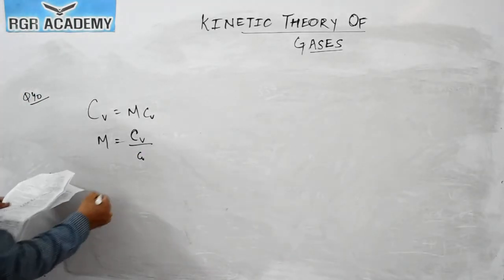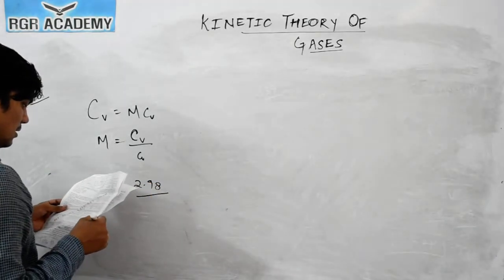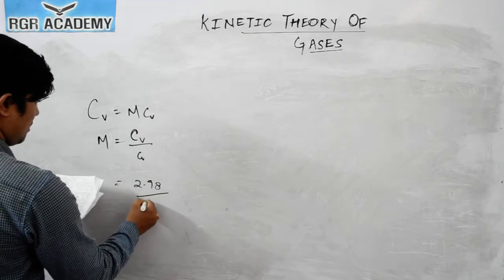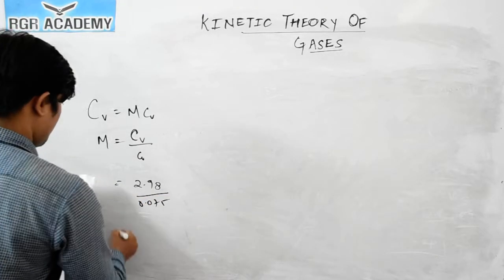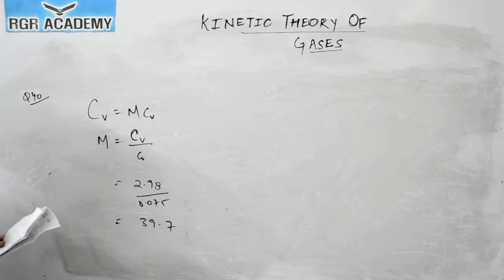So that is given as 2.98 divided by, and this is given as 0.075, okay. So if you solve this, how much you will get? 39.7. So 39.7 we got. Now actually what they are asking, mass they are asking.